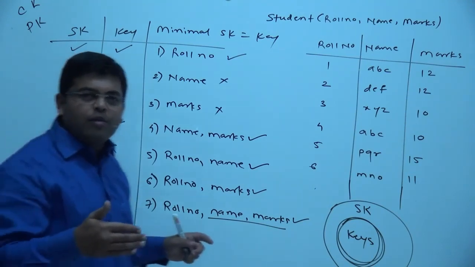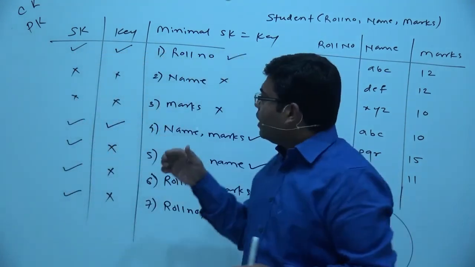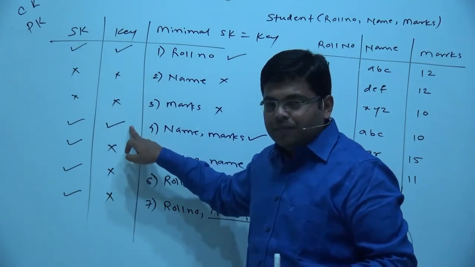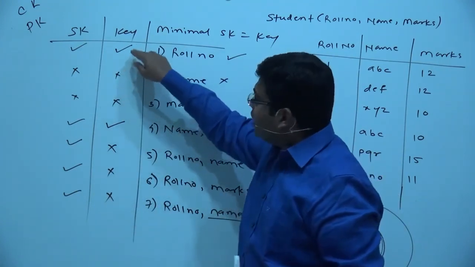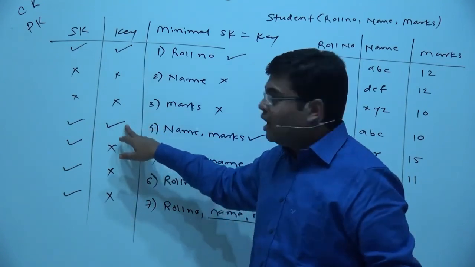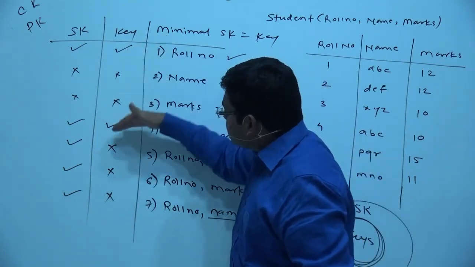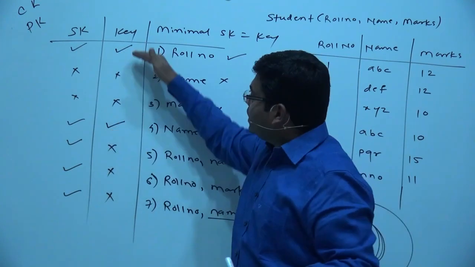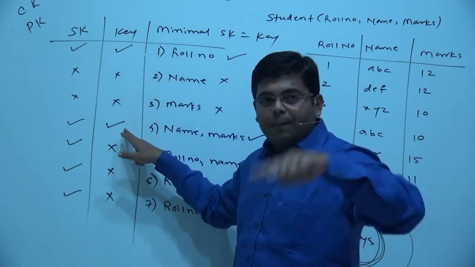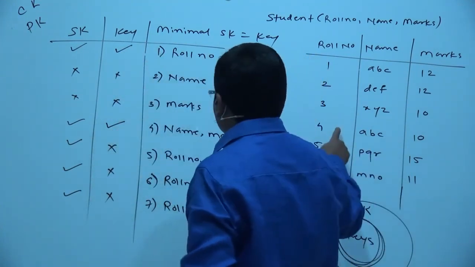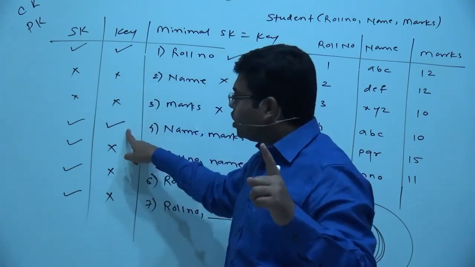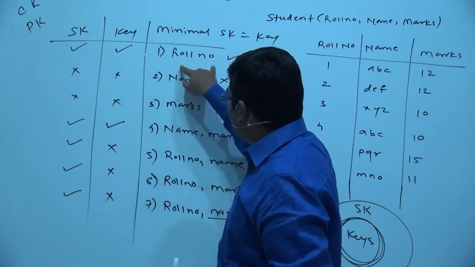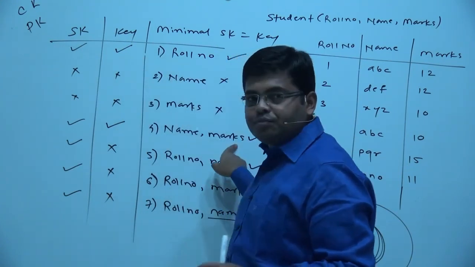The number of primary key will always be equal to 1, but a table can have multiple keys, and whenever a table has got multiple keys, in that case each key will be called as a candidate key, and one of the candidate keys will be selected, will be designated as primary key. So even though this table has got 2, the number of primary key will be equal to just 1, and that can be either roll number or name and marks.